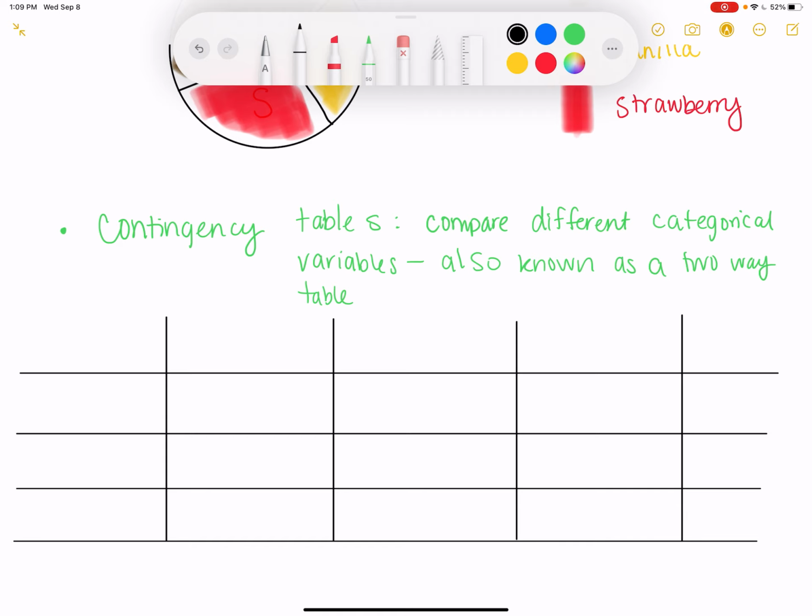Oh, mine looks funny. I didn't know if it was going to take up more than one line for each one. Oh no, it's just going to be one word or number going in each box. No, then mine's really big.